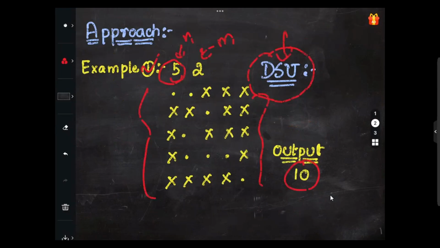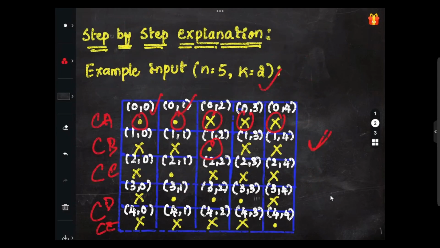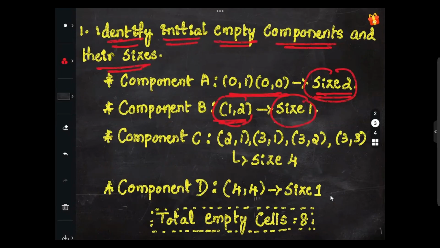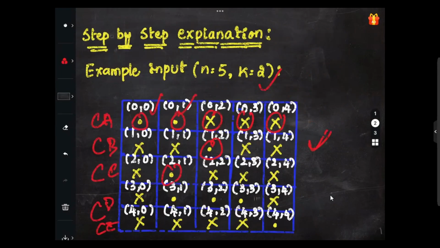2, 1, right? So 2, 1 here. We are considering component C as well as component D at the same time. So component C and component D here, this one 2, 1, 3, 1, 3, 2, and 3, 3 are empty.